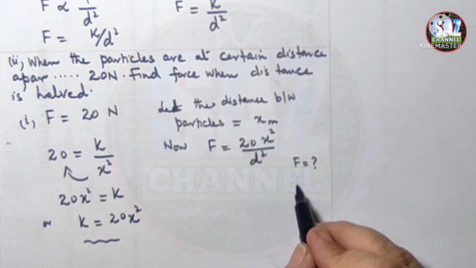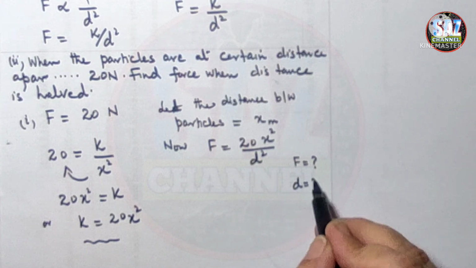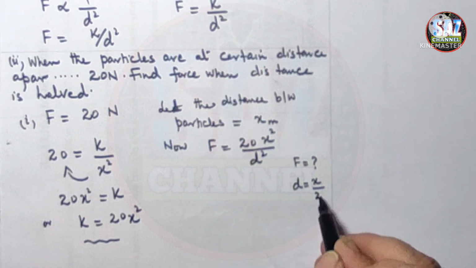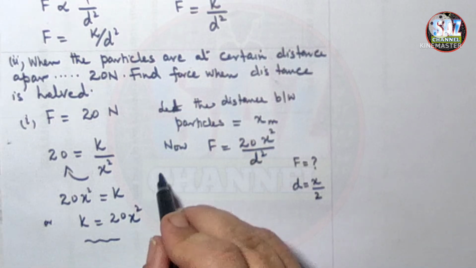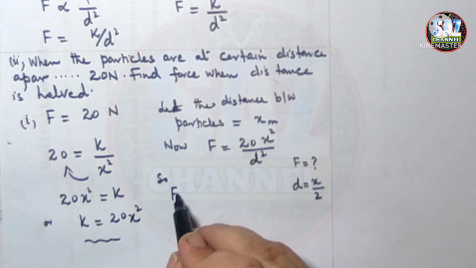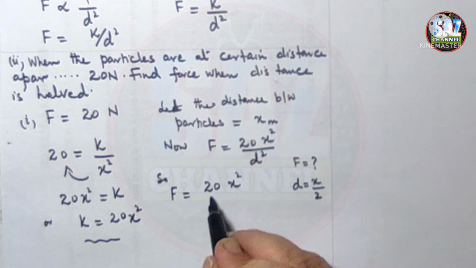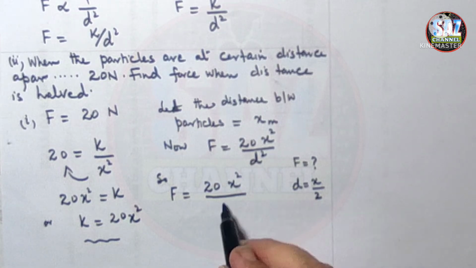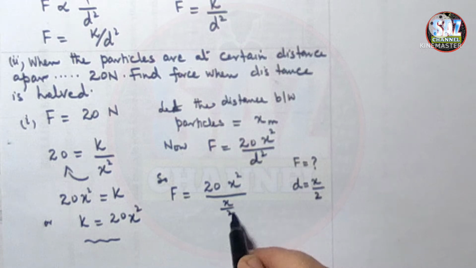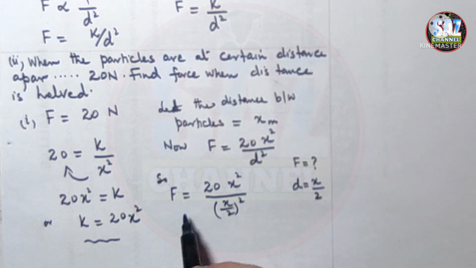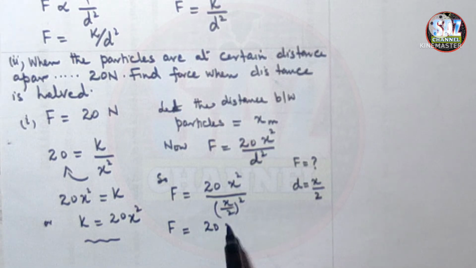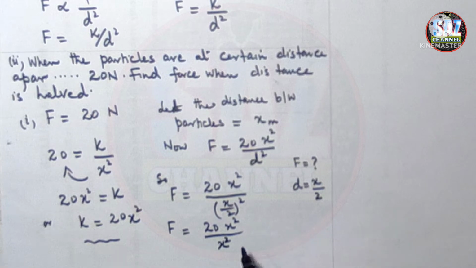That means instead of d, we have to replace it by x by 2. Distance halved, so force we do not know: 20 x square upon x by 2 whole square. Now force equals 20 x square divided by x square by 4.